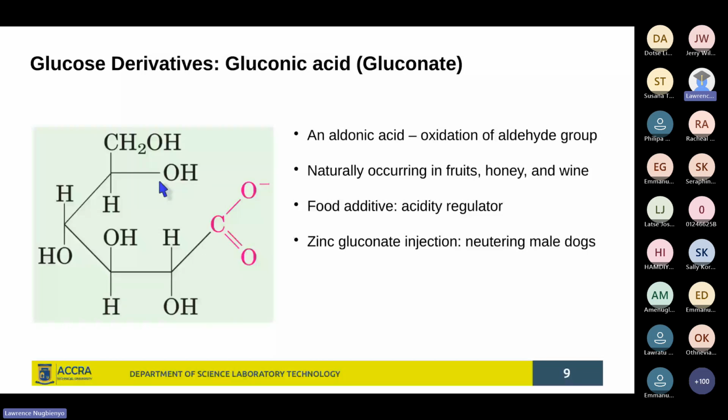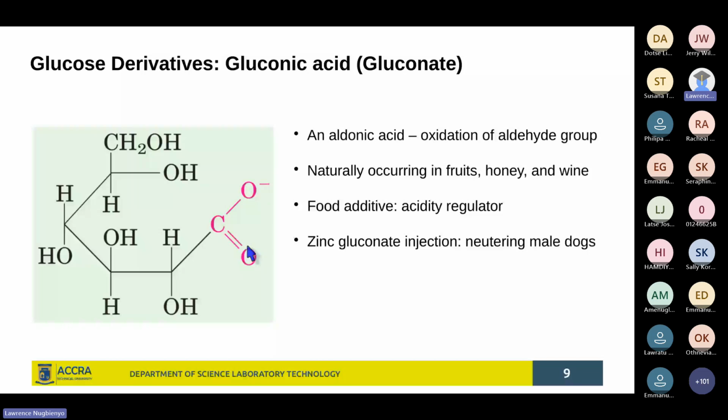If you look at it, you realize that this is not a ring structure. It's just that it's folded so that you can easily relate with it when you are looking at it against the Haworth projections. But you realize that on the first carbon, which was supposed to be an aldehyde group.